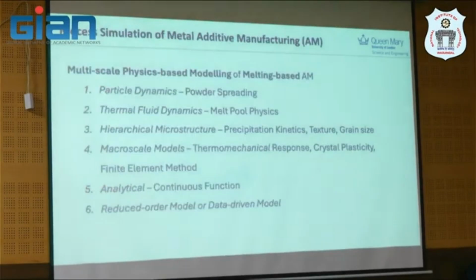So now I want to define a little bit what is the process simulation of additive manufacturing, especially melting-based process. When people talk about modeling, I think that means different things to different people. And what I mean, because from the multi-scale perspective, modeling means different things. If you talk about particle dynamics, actually I have one model above this, which is atomization.